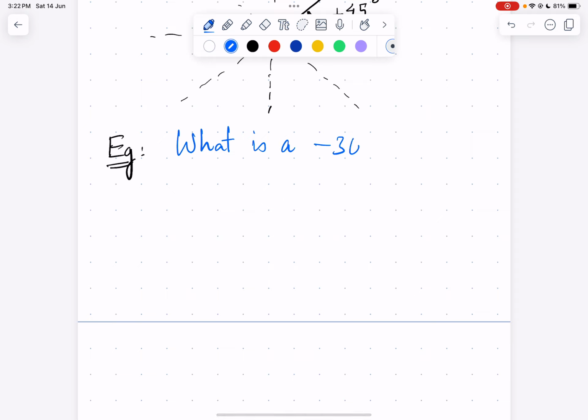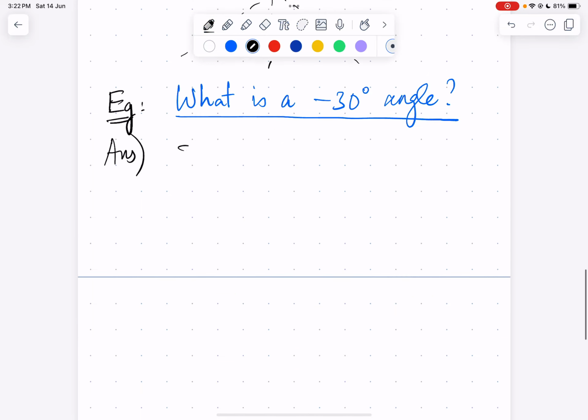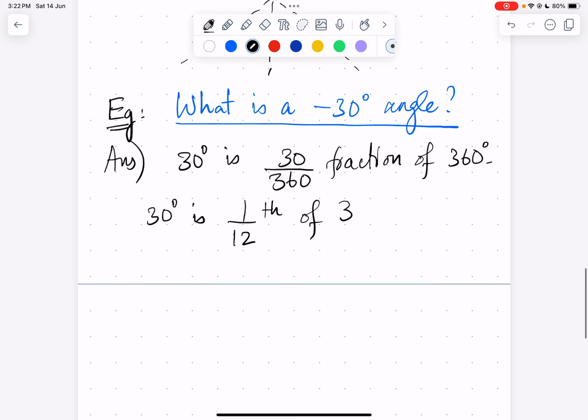What is a minus 30 degree angle? So 30 degrees is 30 by 360 fraction of 360 degrees. So 30 degrees is 1/12 of 360 degrees.